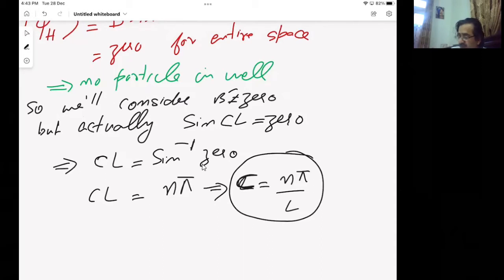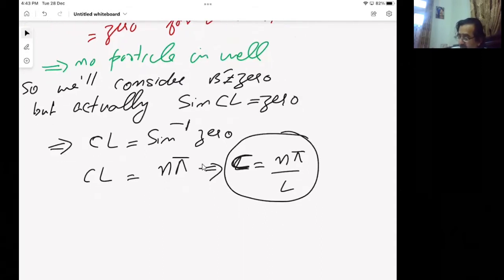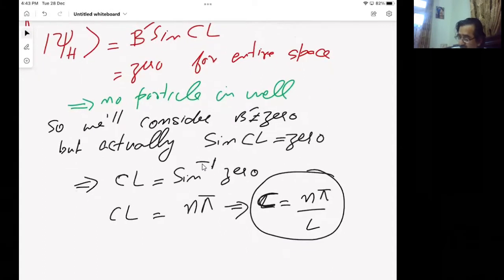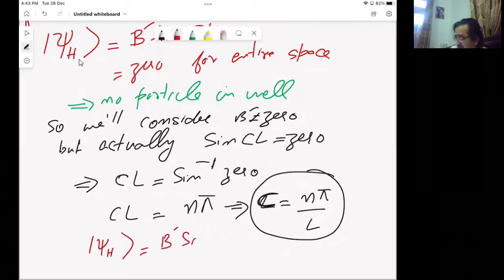Now psi becomes B prime sine of n pi over L times q.